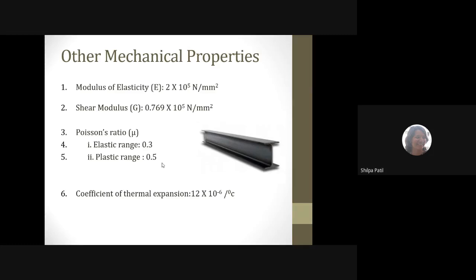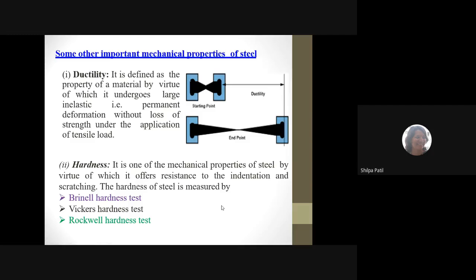So again, I'm repeating, the stress strain curve should be perfect in your mind. How the material behaves under tension, that should be known to you very clearly when you are studying the design of steel structure. The coefficient of thermal expansion value is also given, and all these values you can find again in IS 800.